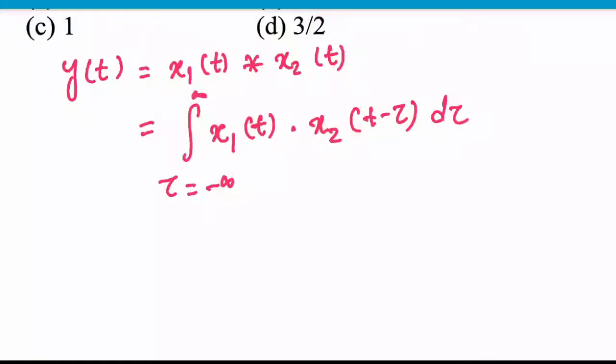So this is the formula for a continuous function, but in this case the functions are given as discrete.